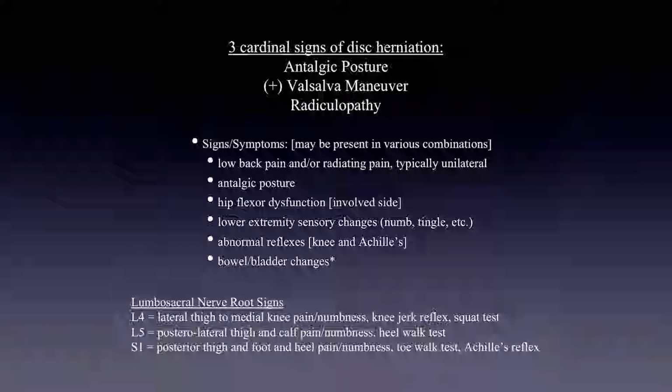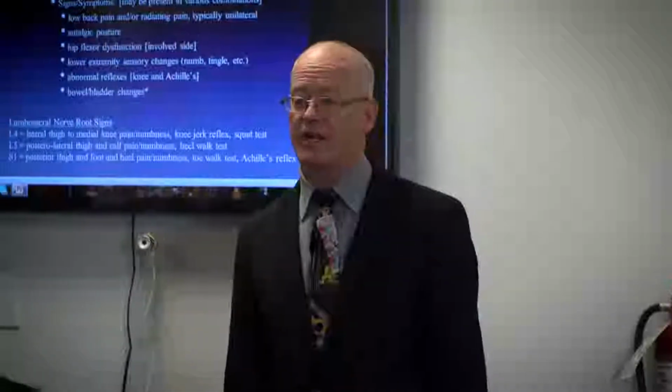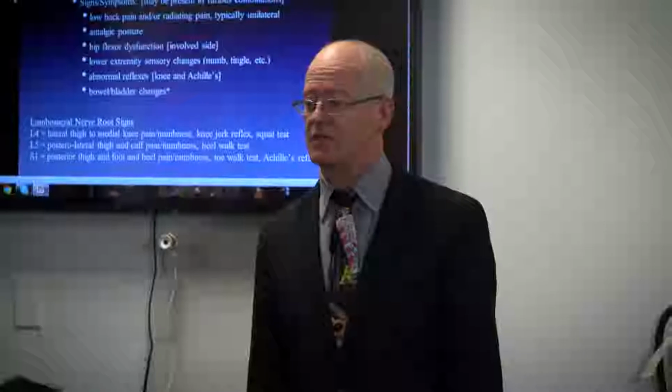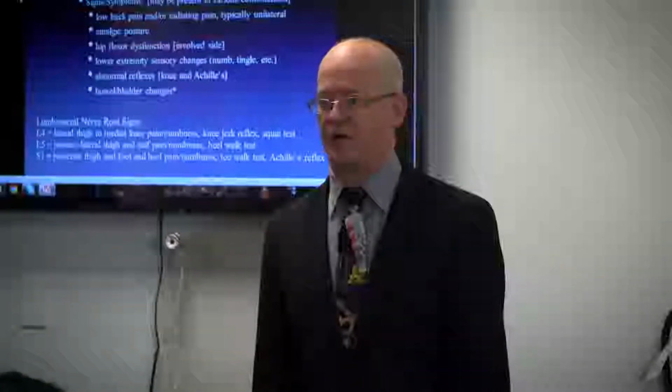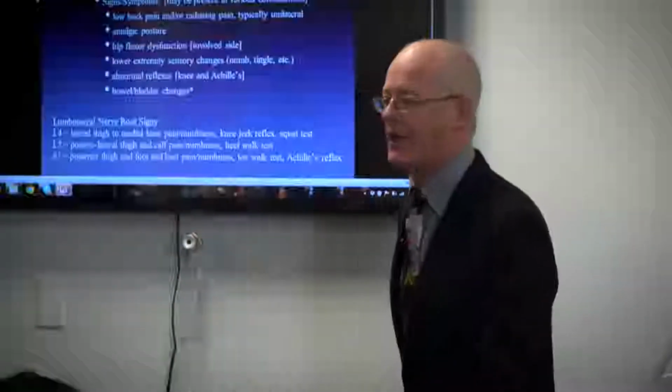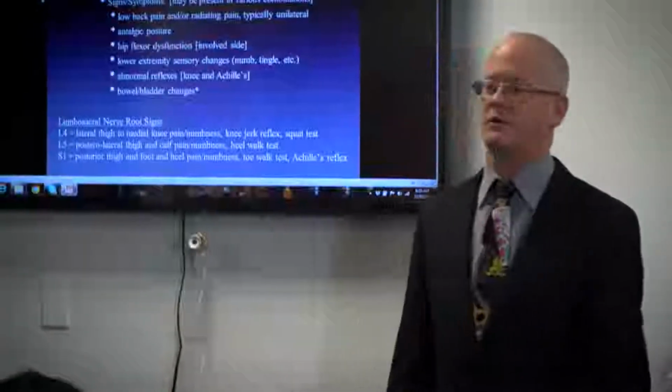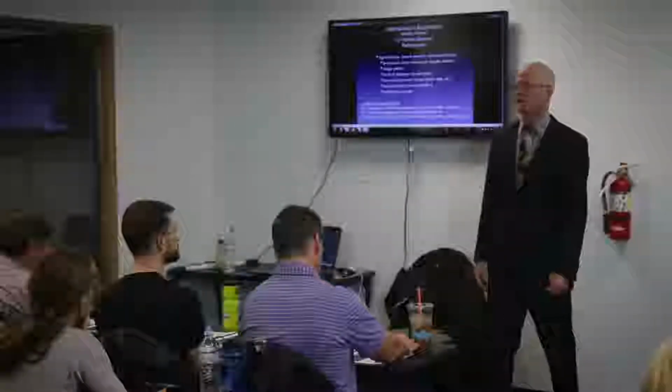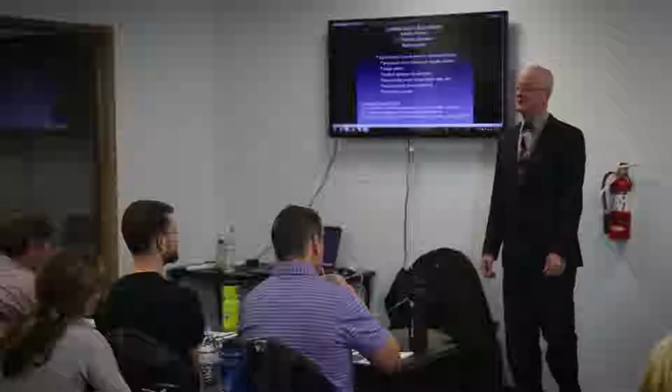And then a positive Valsalva. You really want to go, yes, this really looks like a disc herniation. You can just ask them: if you strain at the stool, if you cough, if you sneeze, oh no, it drops me to my knees, I got to stop, I can't cough. You hear that, and you think, that sounds like a positive Valsalva. Let's have fun, let's bear down.